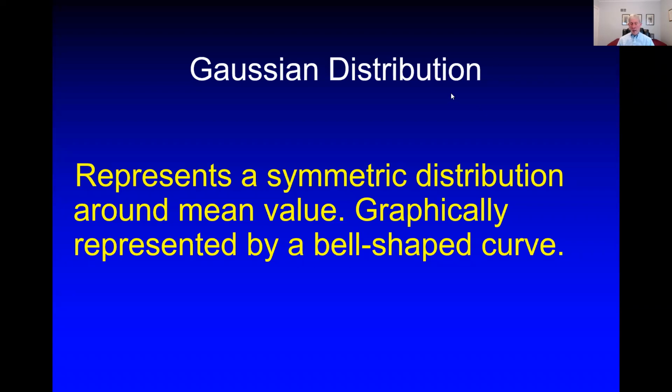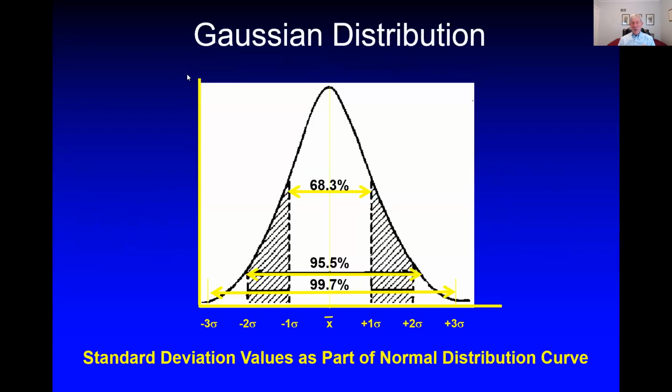Okay, good. I think you've all heard of the famous bell-shaped curve, and that's called a Gaussian distribution. It is a curve where the distribution of values around the mean value is symmetrical. And here's what a Gaussian distribution would look like.